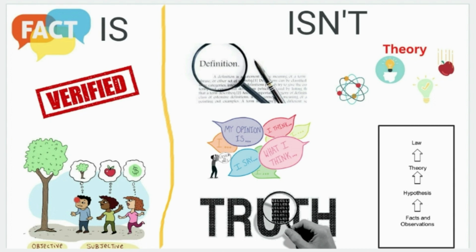It doesn't depend on different views. It's not an opinion. It's just the universal truth. So it's something as it is, without being colored by subjective perspectives. Okay, so an opinion is subjective, right?